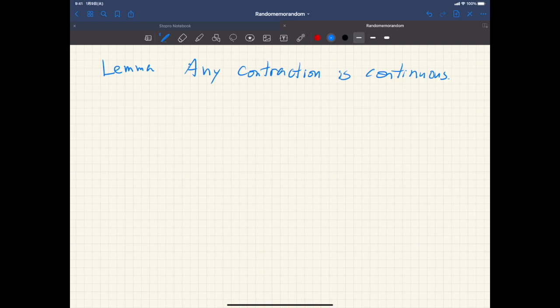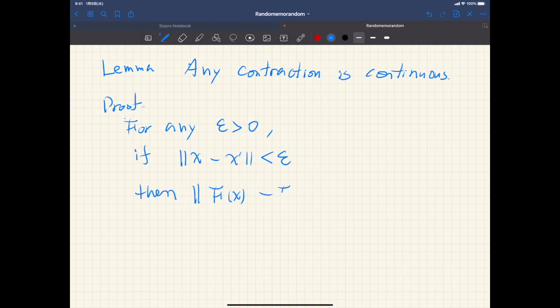To prove this, for any epsilon which is positive and real, if the norm of x minus x prime is less than epsilon, then the norm of f of x minus f of x prime is less than or equal to r times the norm of x minus x prime, right?